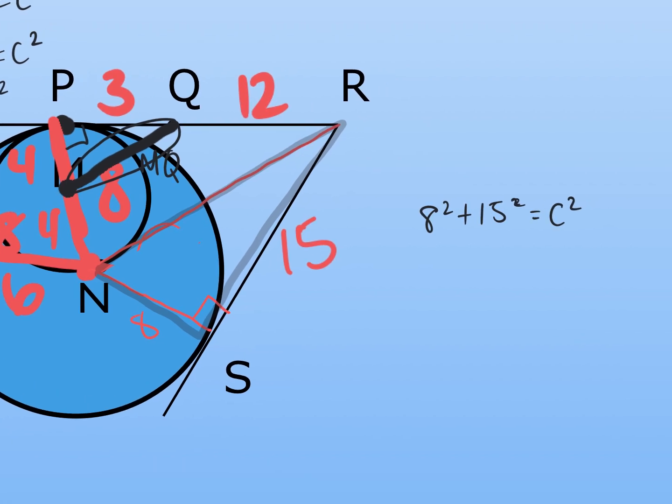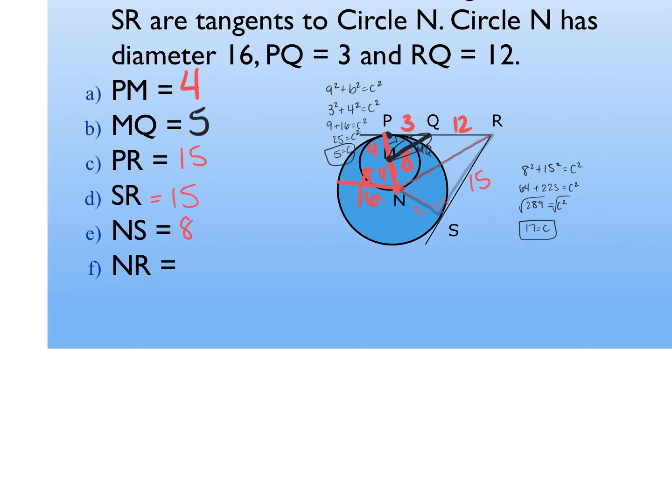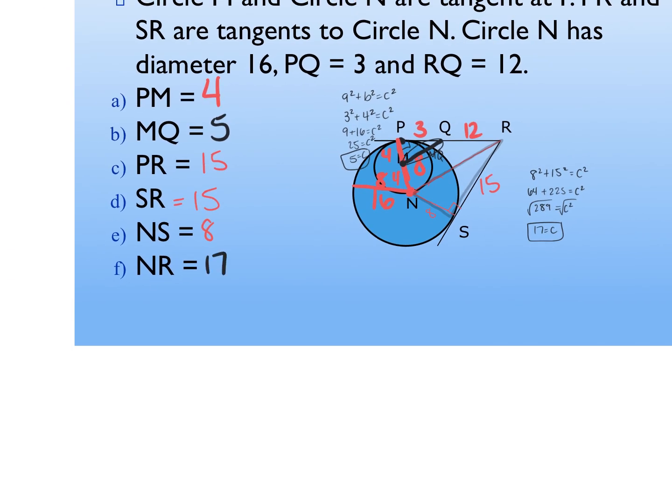Excellent. So 8 squared is 64 plus 225 equals C squared. I think this gives me 289 equals C squared. You take the square root of both sides, and you get 17 equals C. So the length of NR, our last length, is 17.